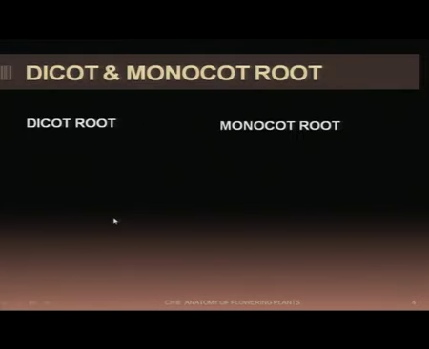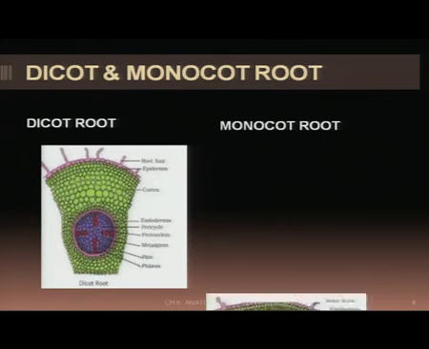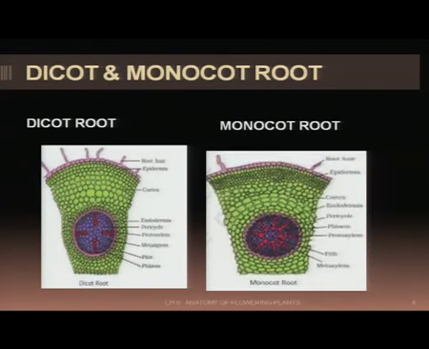Then we had studied in detail the anatomy of dicot and monocot roots, and we had learned to compare the two also. We had seen that there is not much difference between the anatomy of the two, except for a few points like the monocot root is polyarch with 6 or more than 6 vascular bundles here, and the pith is well developed, as compared to dicot root where 2 to 4 vascular bundles are present only.